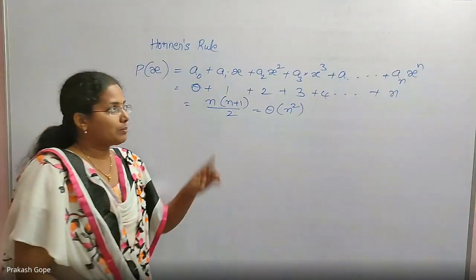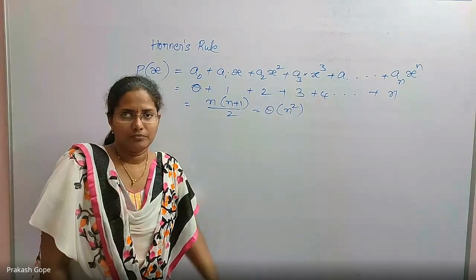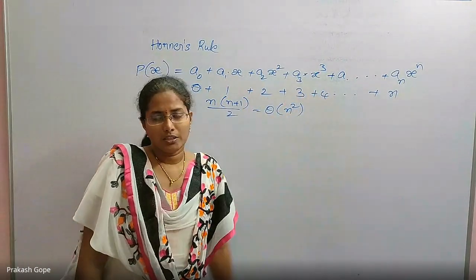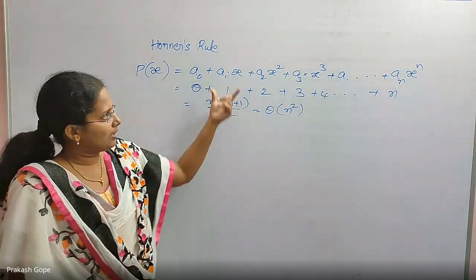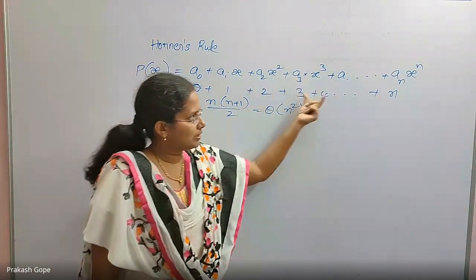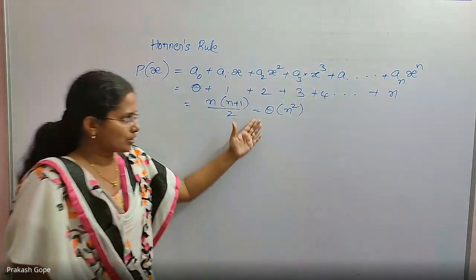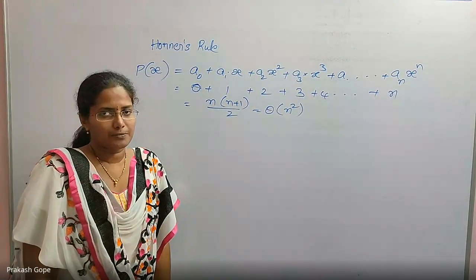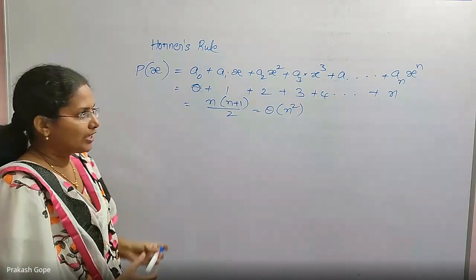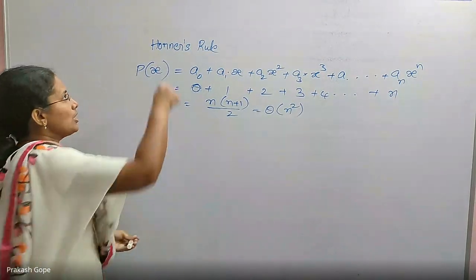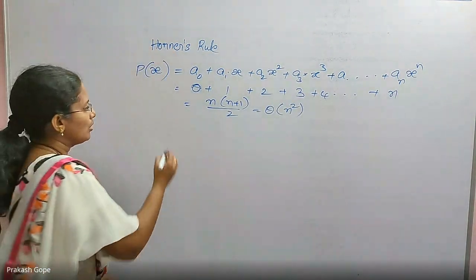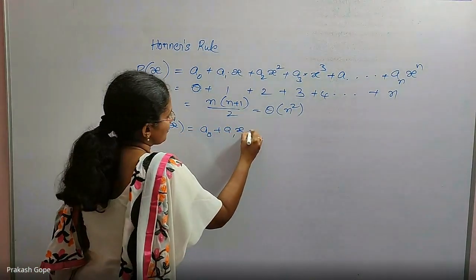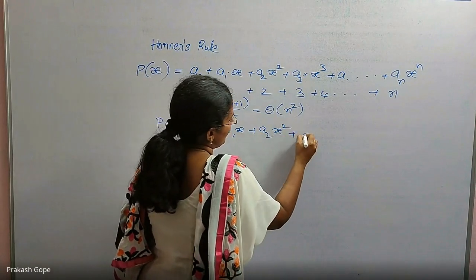So this many multiplications you will normally perform, because you are doing term by term evaluation. This is one term, this is another term. In this process, you are performing approximately n square multiplications. But this is not needed. We can reduce the number of multiplications by using Horner's rule. How do we do that? P of x is a0, a1x, a2x square, a3x cube.